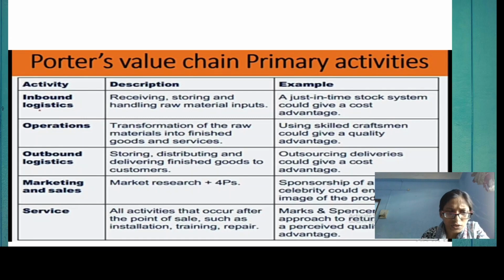Then service, after sales service can be like a return policy, if not satisfied, then this may give a positive feeling or create trust among the customers.